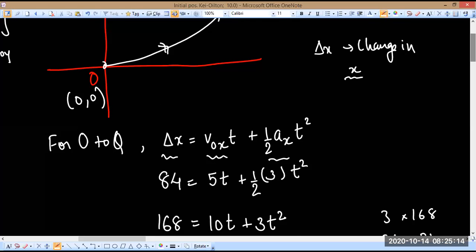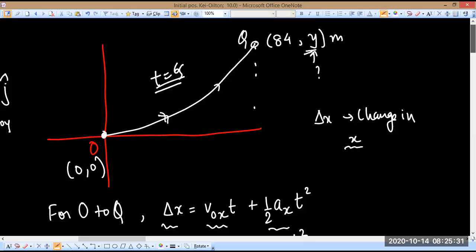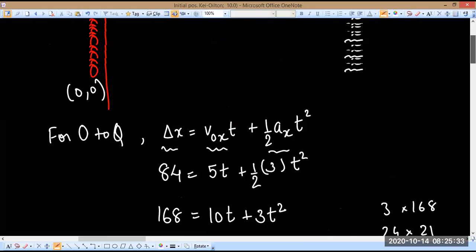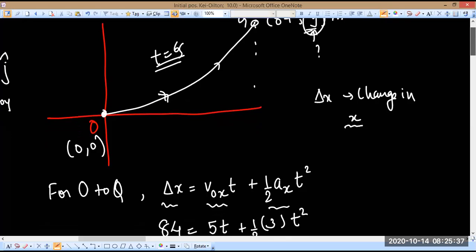Okay, so what we have found is going from O to Q, it takes 6 seconds time interval. All right, it takes 6 seconds. So now we have to find what is y. We have to find what is y based on t equal to 6. So we should use which equation now? If you want to find y, we should use which equation?